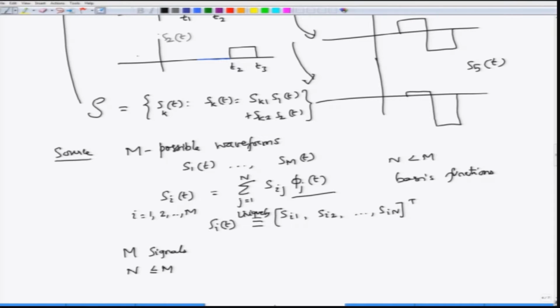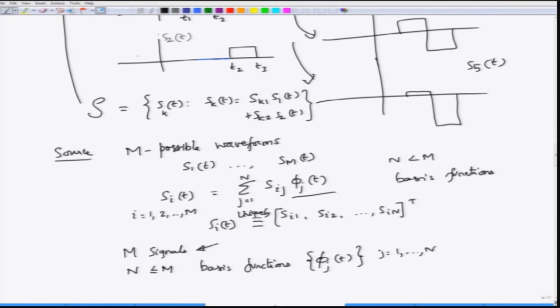We should normally be able to find n such basis functions. Through these basis functions, I am able to expand or represent any of the m possible waveforms. These basis functions, let us call phi j of t, j equal to 1 through n.